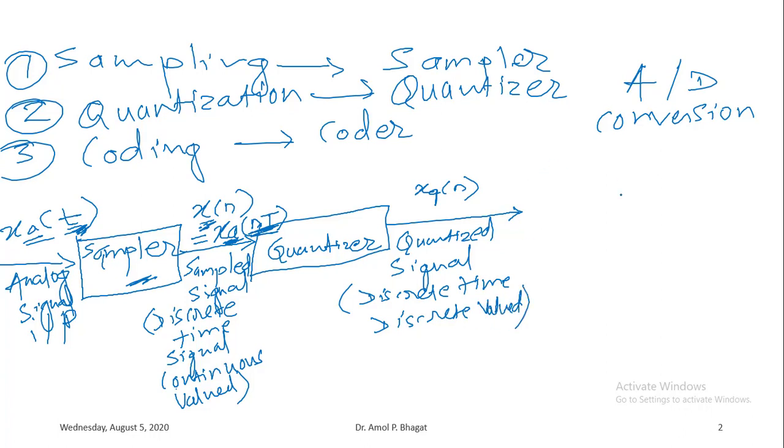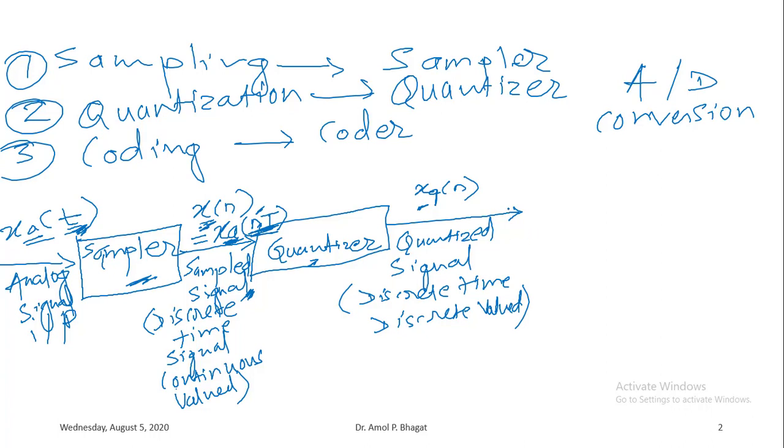When we quantize the sampled signal using the quantizer, there will be a difference between the quantized signal and the sampled signal. This difference is called quantization error. We'll go into the details of all these things in the next lectures.